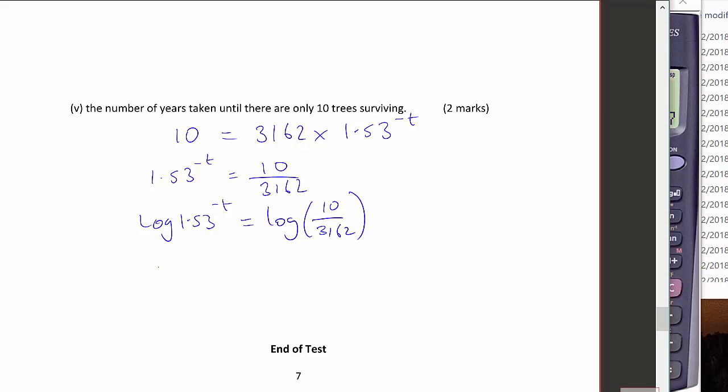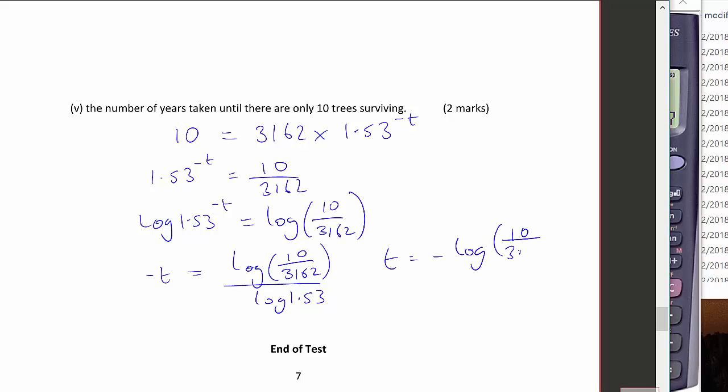So drop that down in front. So negative t is going to be log of that over log of that. And so t would be the negative of that. So it's log 10 over 3162 over log 1.53.